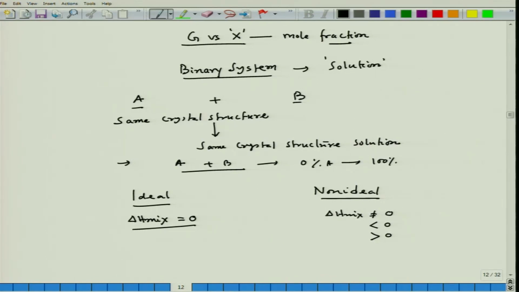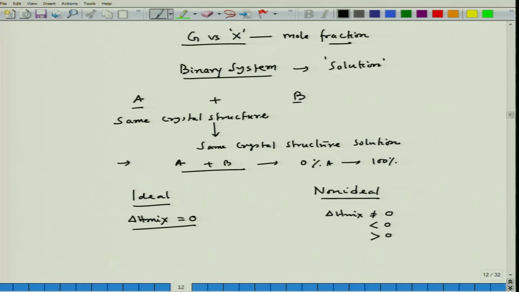So, depending on the situation, del H mix could be negative and could be positive too. We will get to that part later, because handling non-ideal solution is a little tricky.